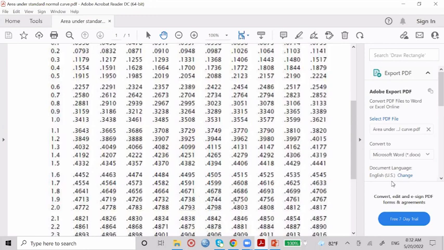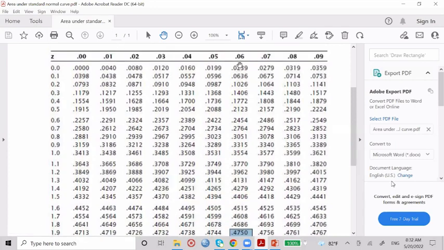Here, this is 0.475. Right? So here it is 1.9. And where is the intersecting column? It is 1.9 and here 0.06. When this row and this column intersect, the value at this point is 0.475. So our ZA is 1.96.